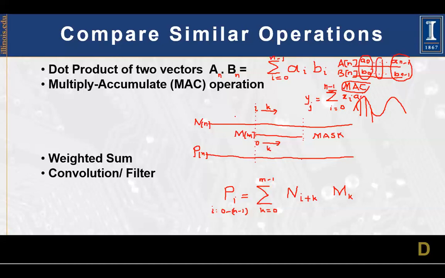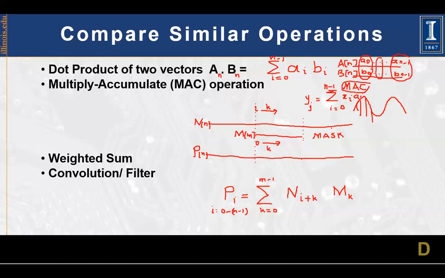We have a big vector of values, maybe samples of some data or values of some image pixels. So there is a big set of data which needs to be processed by applying a filter on it and convolving it. Applying a filter means you do the convolution.